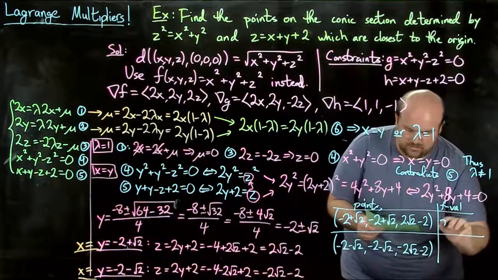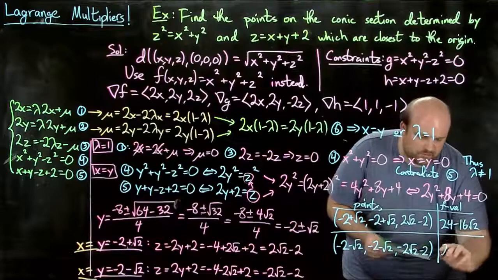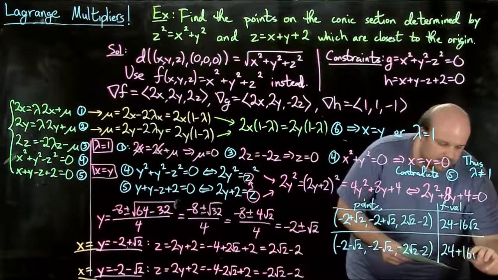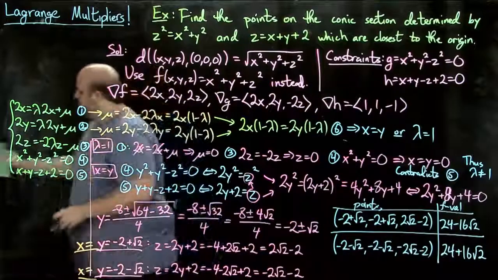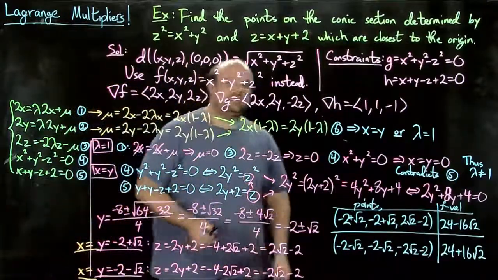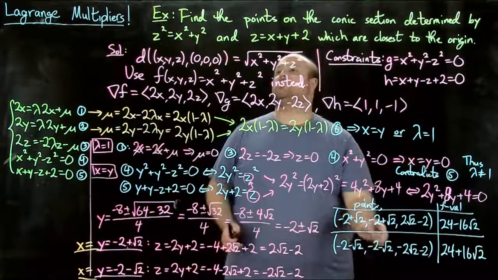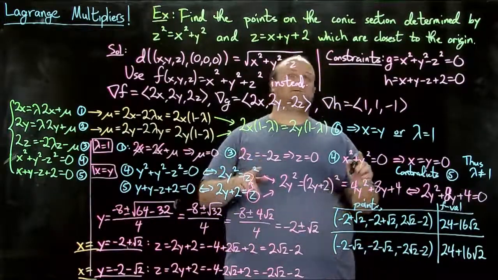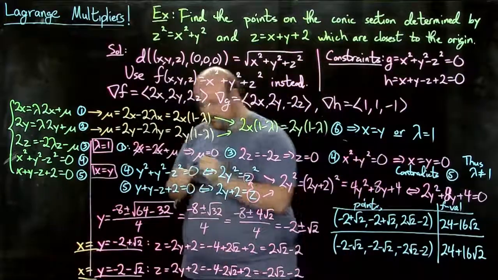This is 24 minus 16 root 2 and 24 plus 16 root 2. Remember, these two values are computed by plugging these 2 points back into f, x squared plus y squared plus z squared.